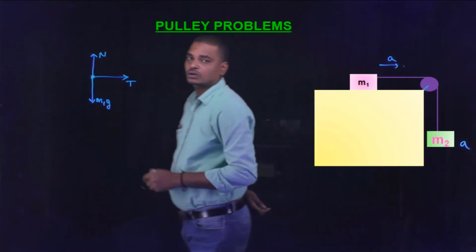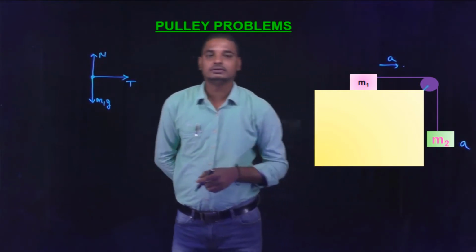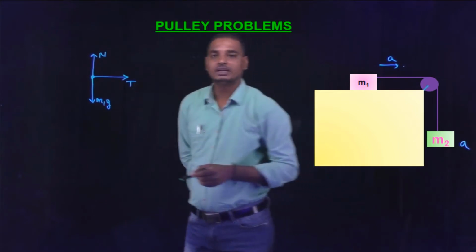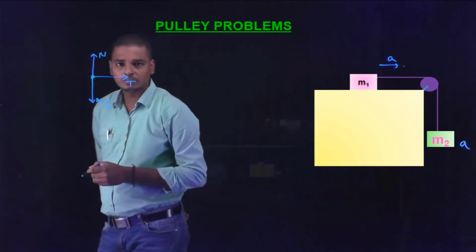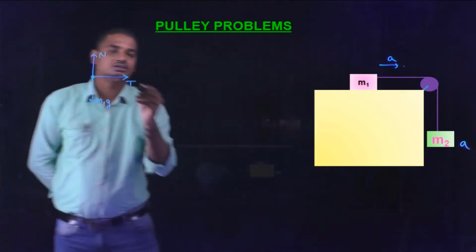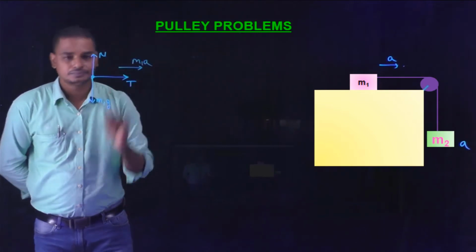Now we need to calculate the acceleration of the blocks and the tension in the string, and also the thrust over the pulley, that is the resultant tension on the pulley. As the block of mass m1 is moving in this direction, the net force acting in this direction is m1a.